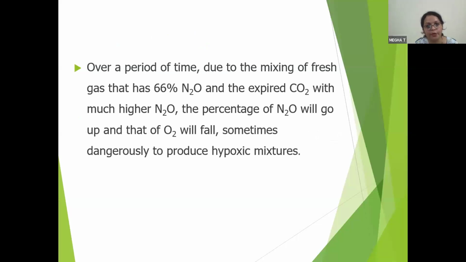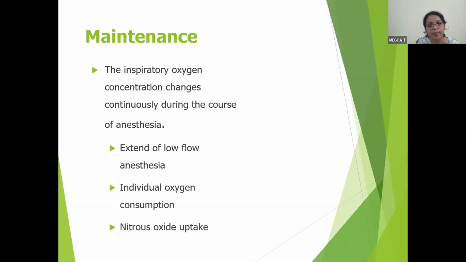Over a period of time, due to mixing of fresh gas, that is 66% nitrous oxide, with the expired gas containing a much higher nitrous oxide fraction, the percentage of nitrous oxide will go up and that of oxygen will fall. Sometimes this can cause a dangerous hypoxic mixture to be delivered to the patient.